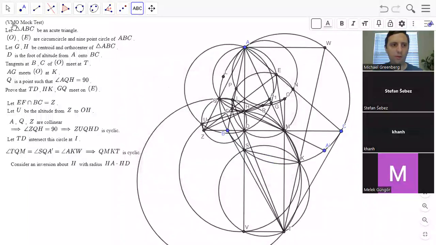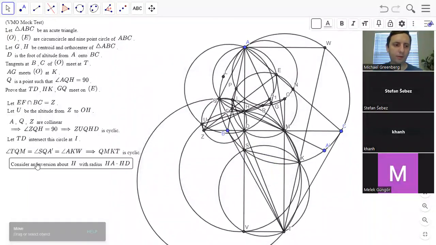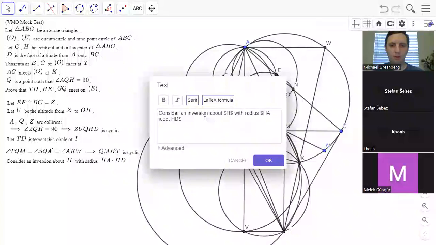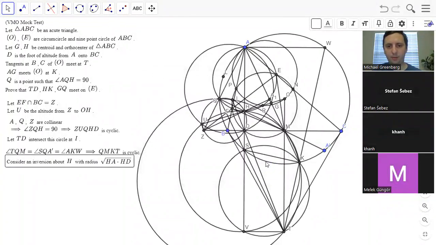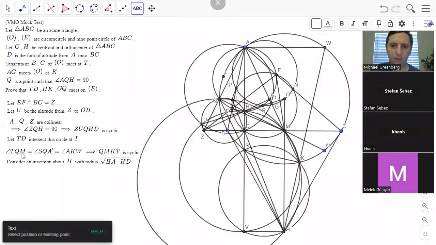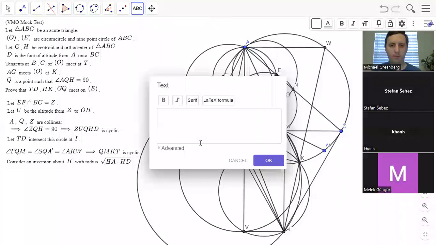So a radius square root of that. So it swaps A and D. Let it take U to G prime.